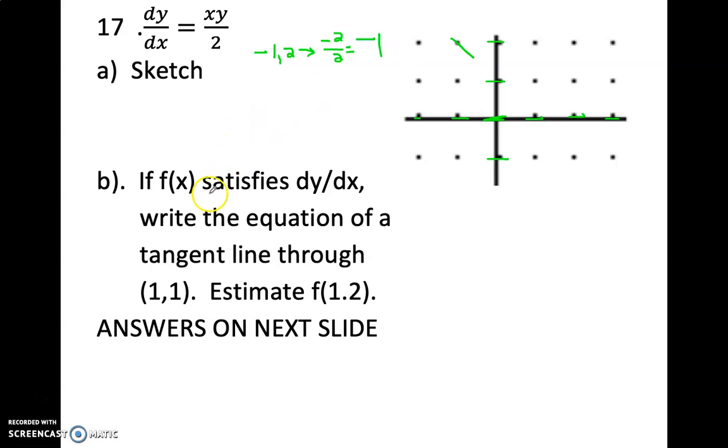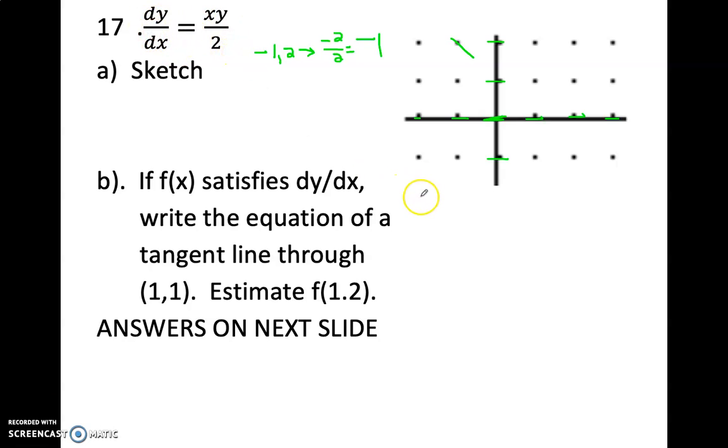Letter B, if f of x satisfies dy over dx, which is this equation right here. They're talking about f being the original equation. This is the derivative of this equation. Write the equation of a tangent line of f through 1, 1. So basically they're saying write the equation through 1, 1 of the tangent line, which is the slope of f of x, which we already have.